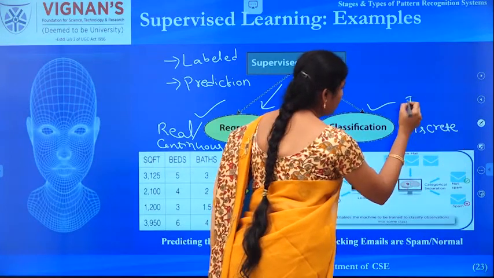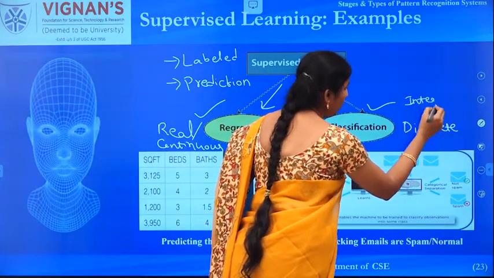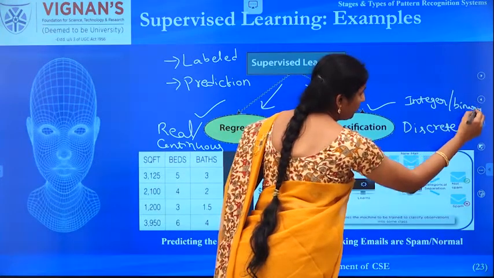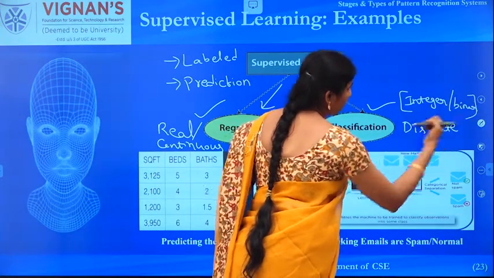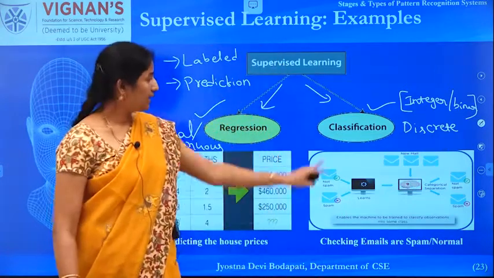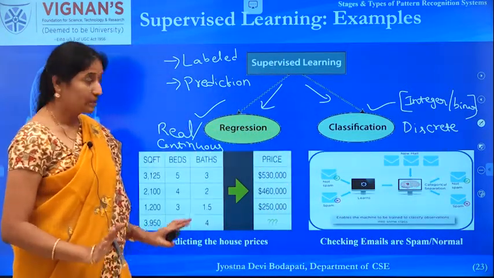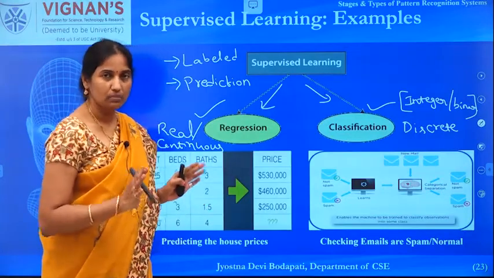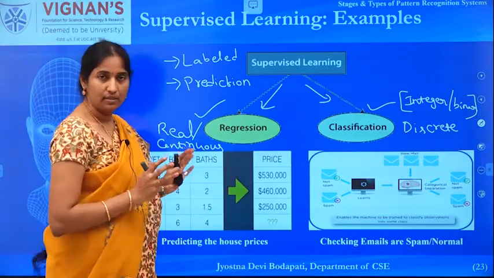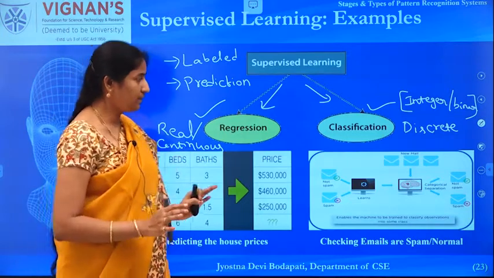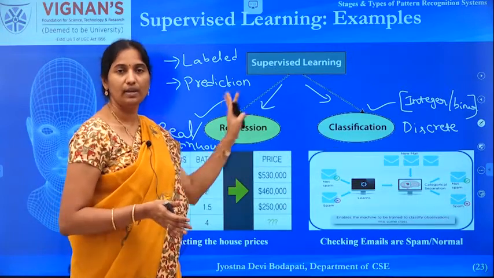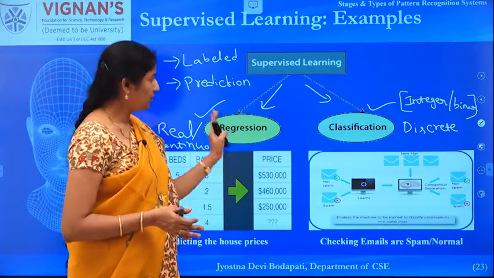Maybe you can consider it an integer value, or a binary value. When your model is producing this kind of data, you can call it a classification algorithm. I hope it is very clear. It's very, very important to understand these two things, because many people don't get this. When a problem is given, you should be able to clearly tell whether it is a classification problem or a regression problem. So try to follow this.